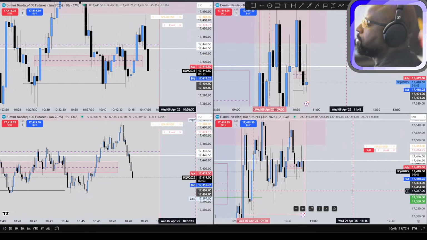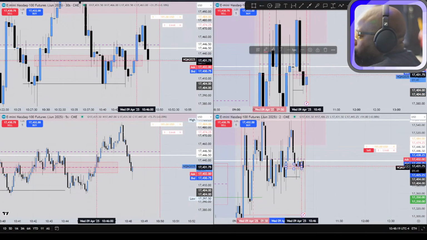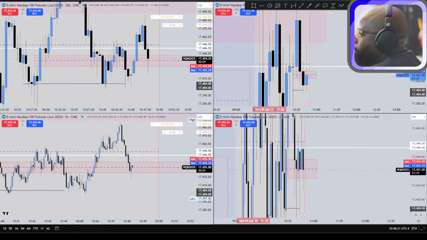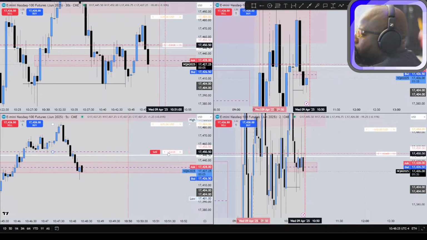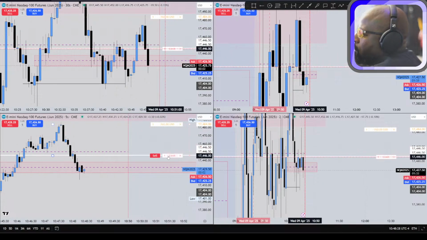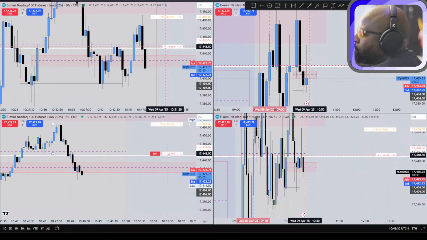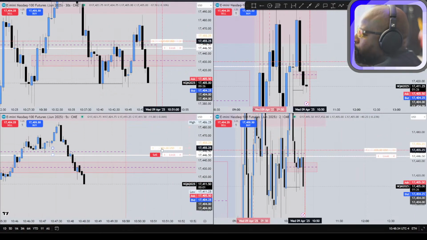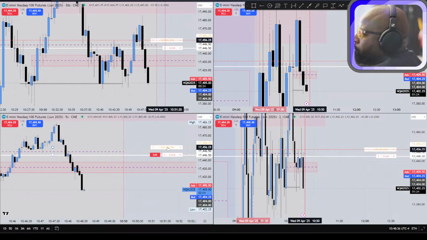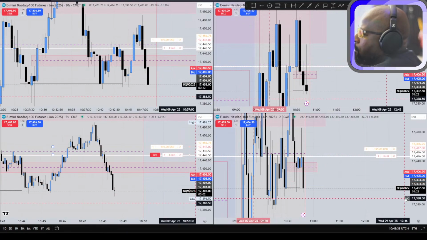And that should be a good exit. We traded to this gap. There is the opening of the 1 minute price. $200 risk.